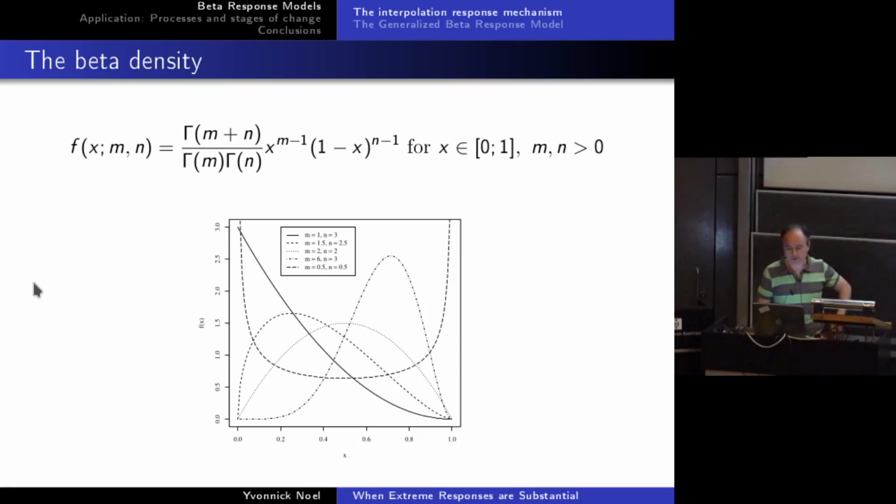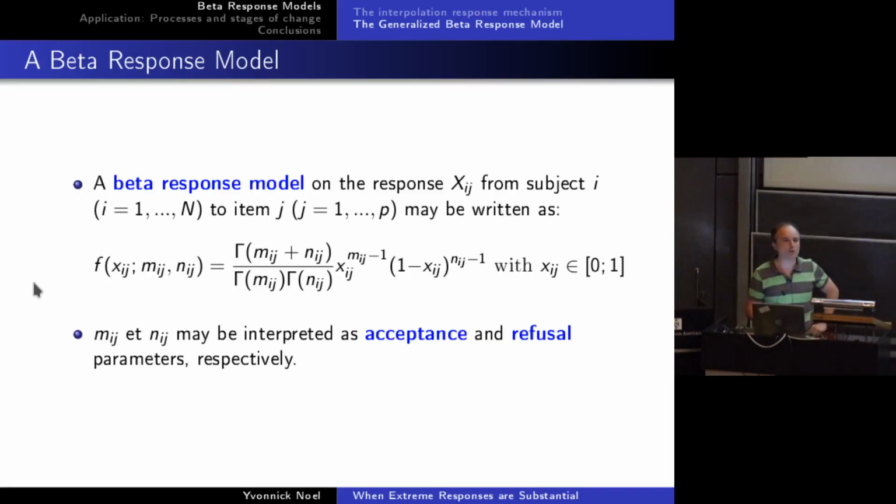Now, we can construct a response model by assuming a beta distribution on each pair of subject and item.